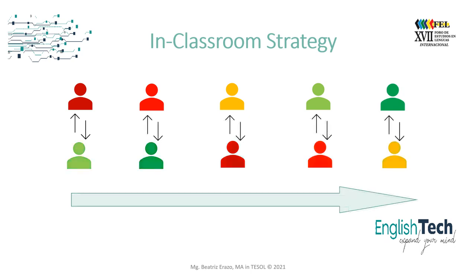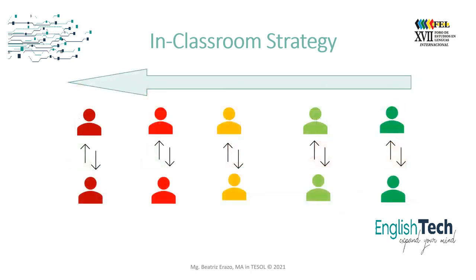And then you repeat the procedure. Students practice again. You can go around listening to them, offering help as many times as necessary. To give a variation to it, then you can ask the other line to move one position. So students are going to practice the dialogue again with some variations that you can add.